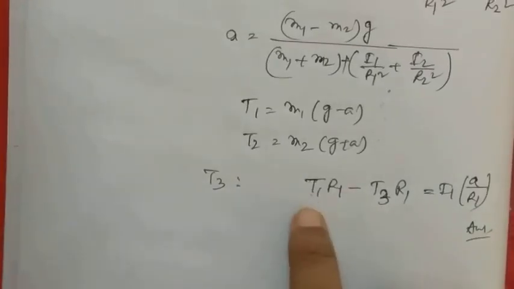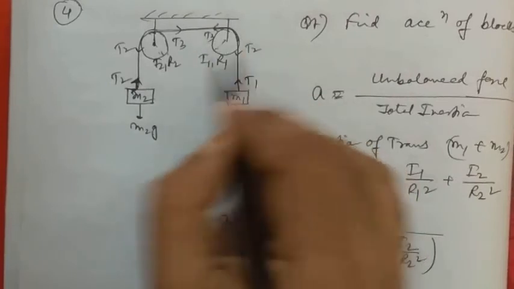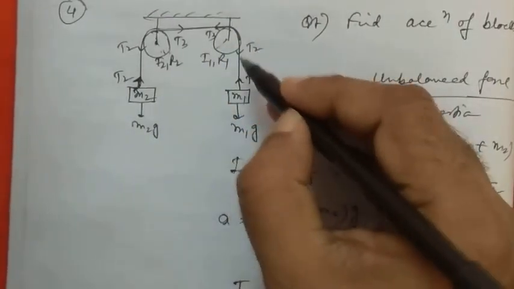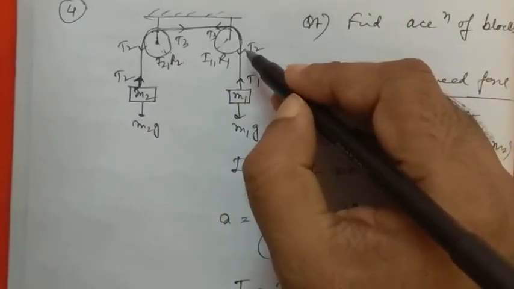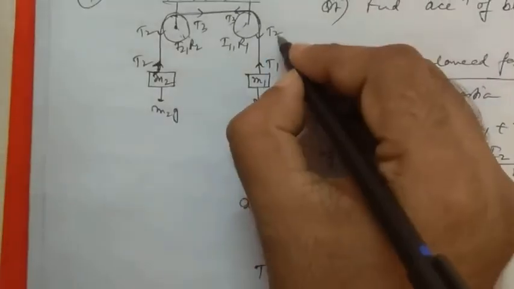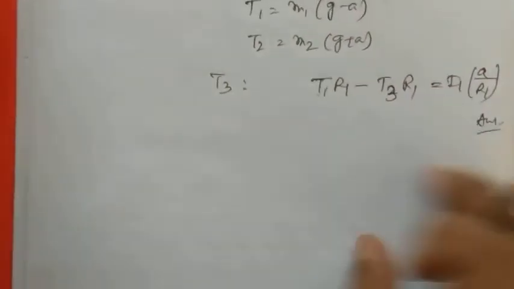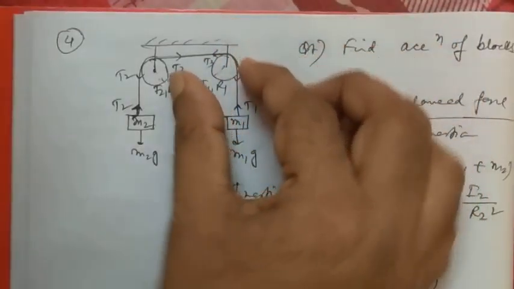Now how did we get this equation? We have applied the resultant force principle on this pulley. T1 R1 minus T3 R1, because this mass is coming downwards, so the pulley is rotating in this fashion.